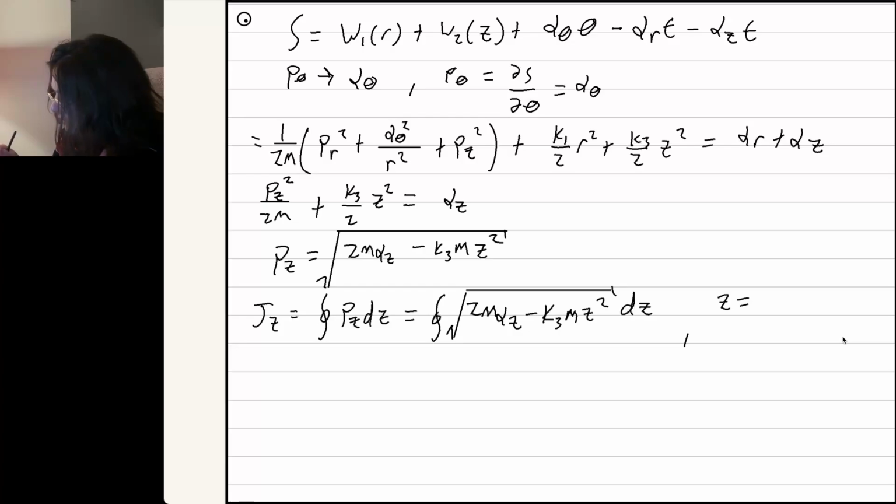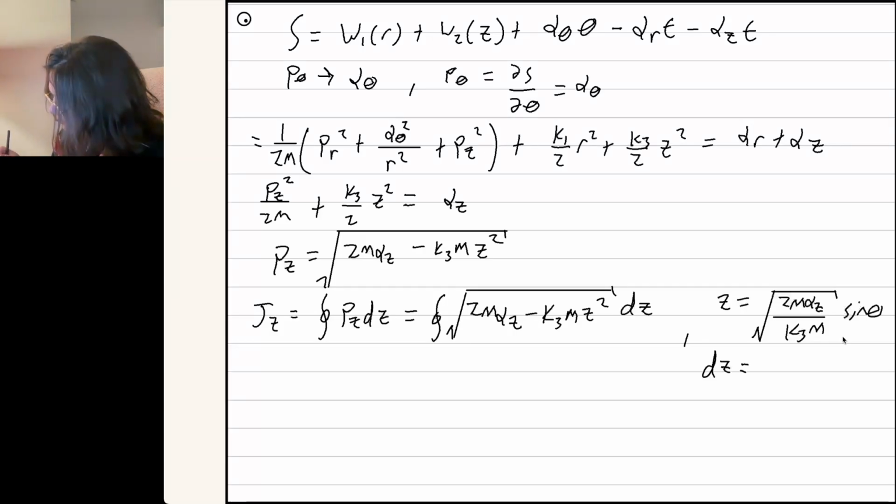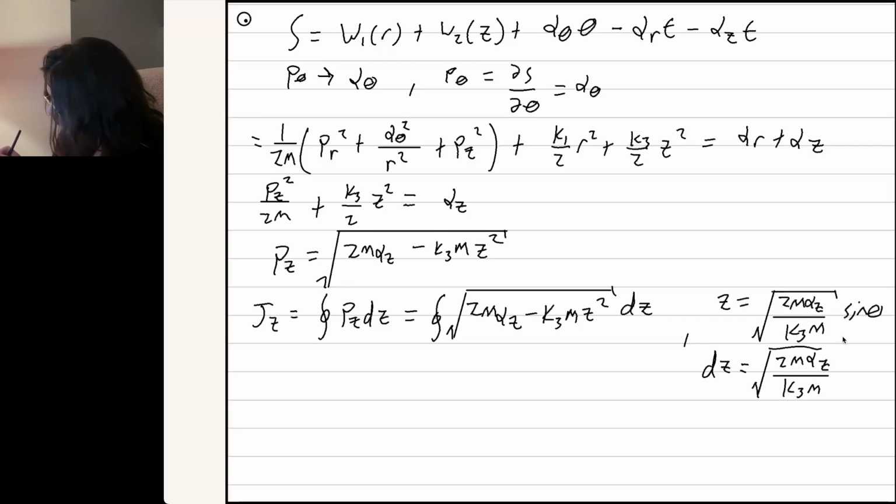I'm just going to call z equal to the square root of 2m alpha z over k3 m, times sine theta, so that the z differential will just be that radical times cosine theta d theta.